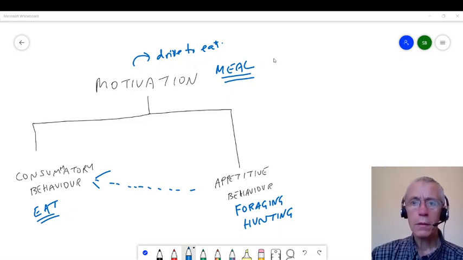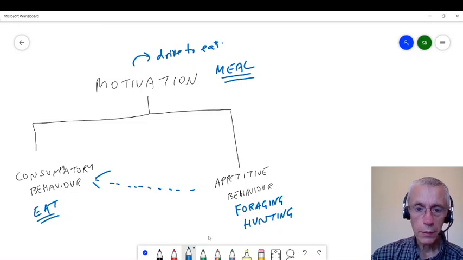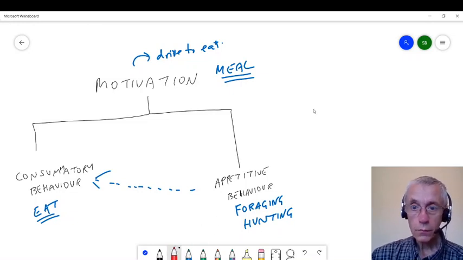An early model to explain how this works was quite a simple one, and that was the idea that motivation is largely homeostatic.